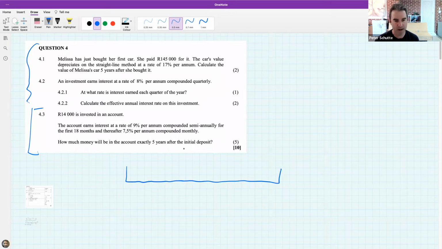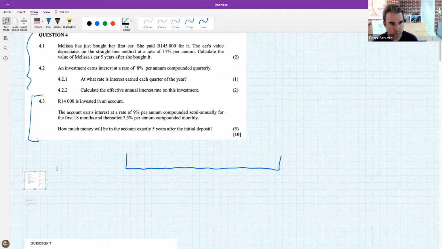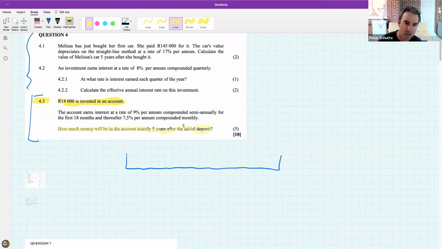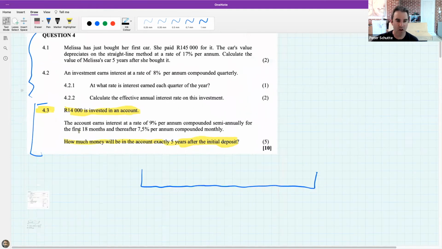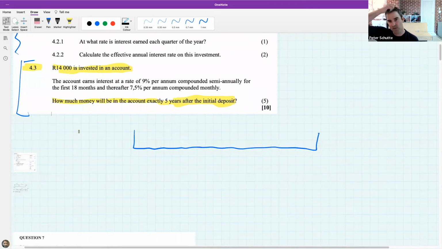Then I want you to think about the interest rate, and then I want you to think about the amount of money and how it grows. I'm going to let you try and start, and then you can ask me questions as you go. Okay, so 4.3, and you're given this amount to start with, and I want to know the answer to this. I'm happy to answer questions if you need to, but I think the last bit, it's good to push you to try and do this based on what you remember from the question before the break.